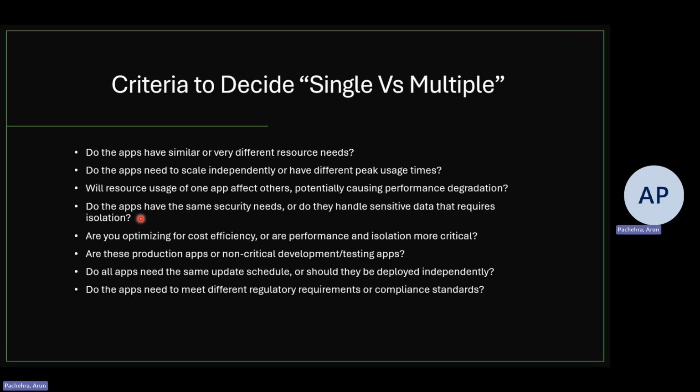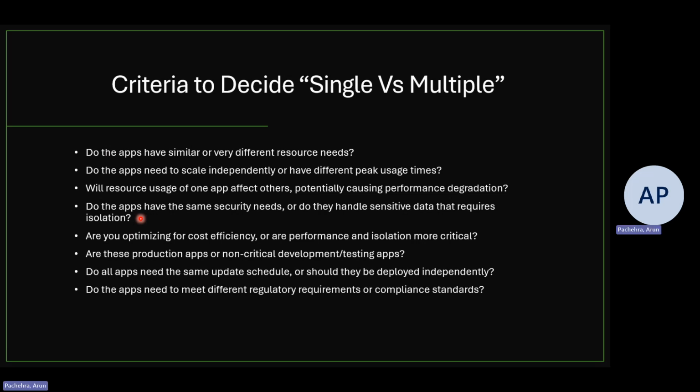However, multiple plans are essential if the apps have different security requirements. For instance, an application handling sensitive customer data such as finance or health should not share a plan with a less secure public app like a marketing blog, due to potential security risk, right?